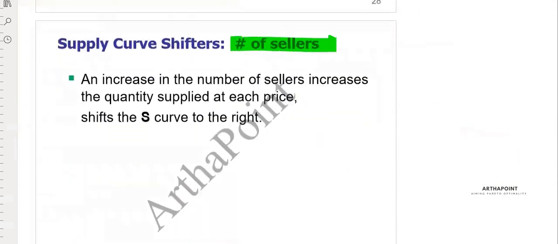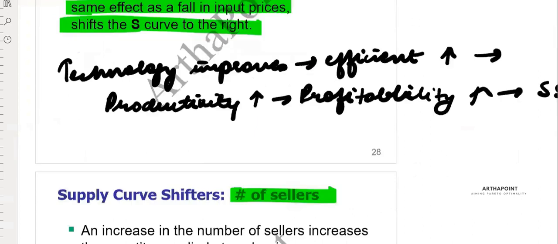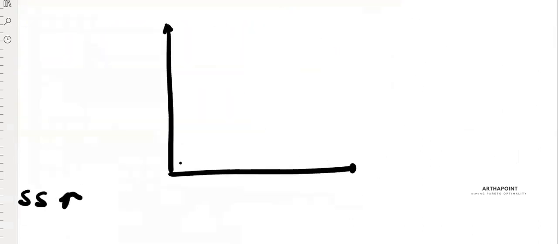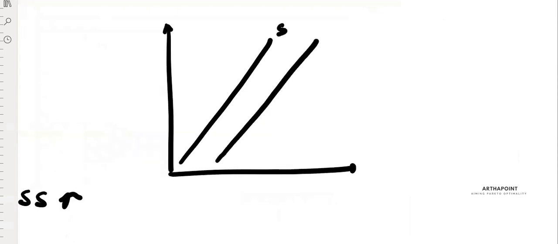Number of sellers. Of course, when there is an increase in the number of sellers, so here, let's just plot this. When technology improves, your supply curve will shift to the right. This is improvement in technology.